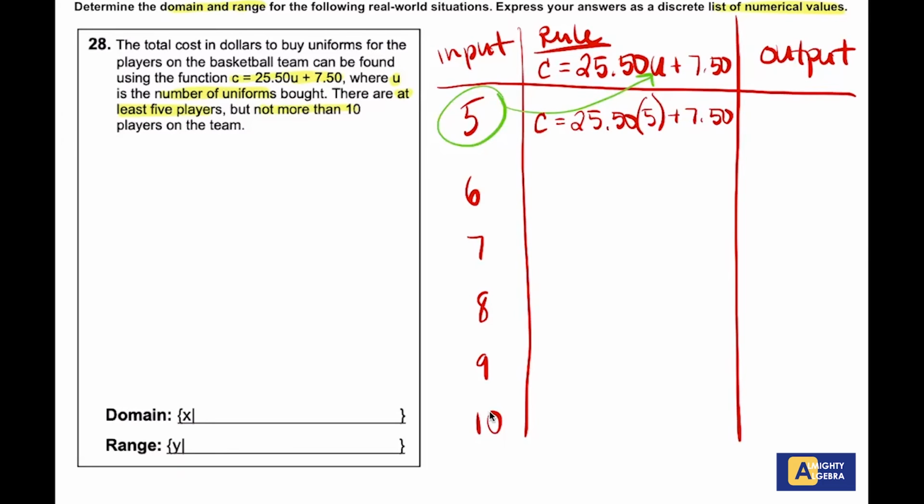My next input is 6. So where I see the U this time, I'm going to put the 6. C equals 25.50 times 6 plus 7.50. So I'm just going to quickly keep going down and substitute in all these inputs into the function rule.